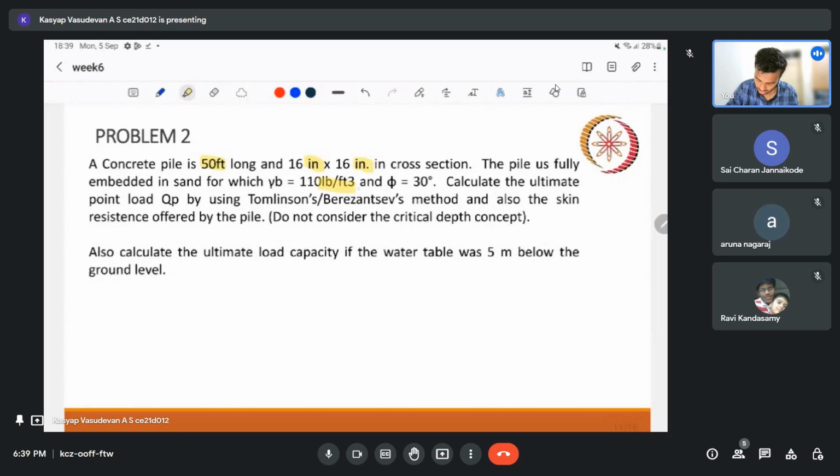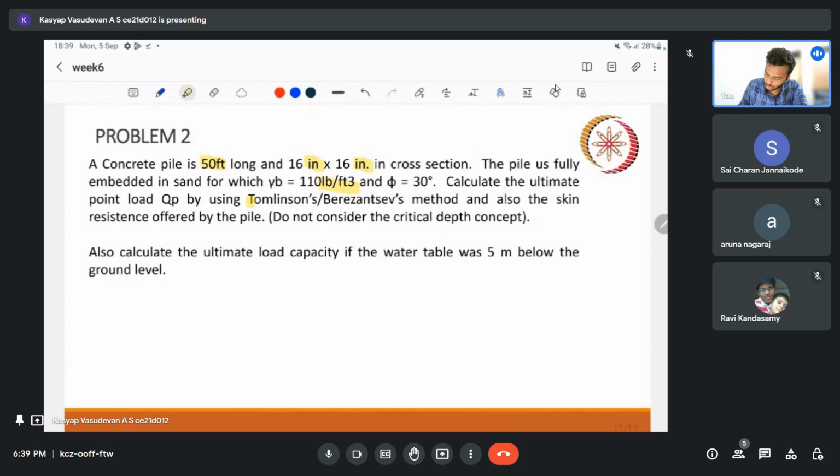We can convert that. The first part doesn't have any water table, and the second part will use a water table. Here there is a concept called the critical depth concept. This concept is actually discussed next week, so this week we need not enter that, but towards the end of the session we will come to that. Okay.